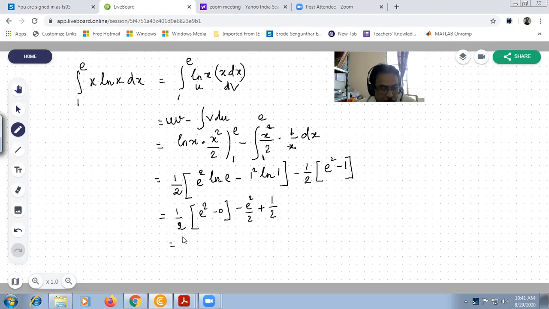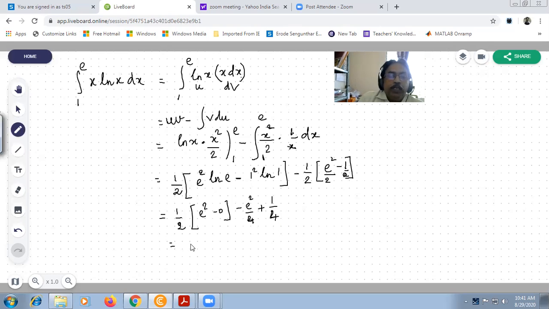E square by 2, E square by 2, that is here you have a 2, here you have a 2. X square by 2 is the integration of x, E square by 2.